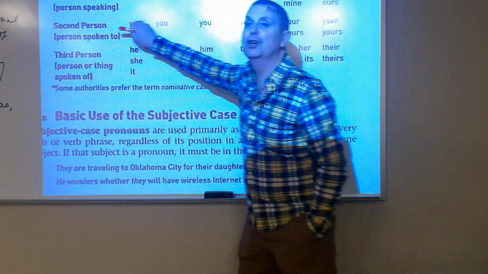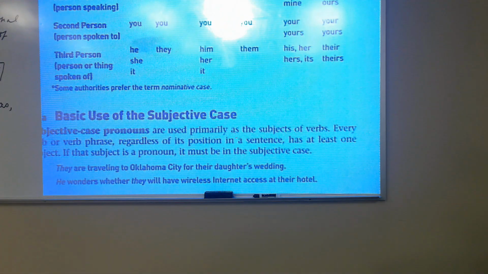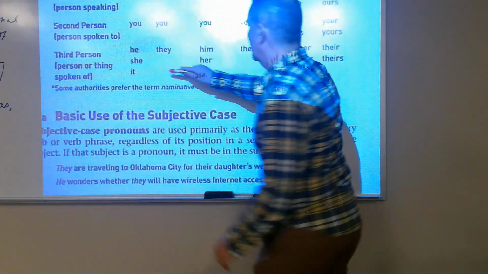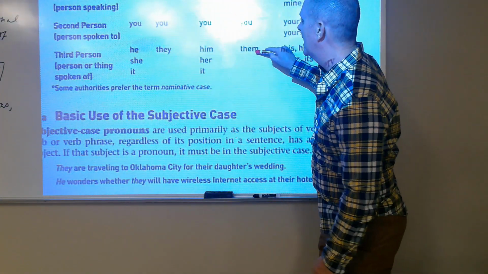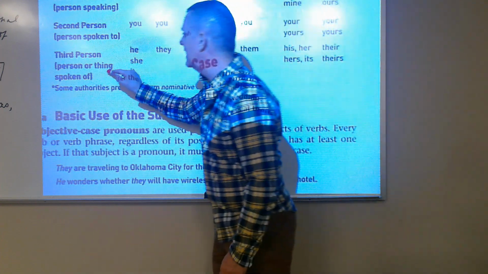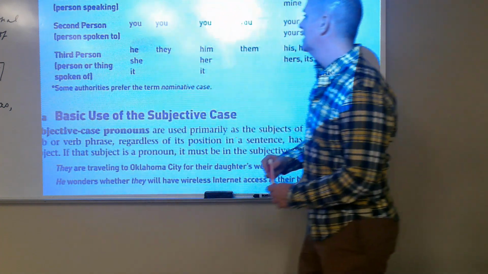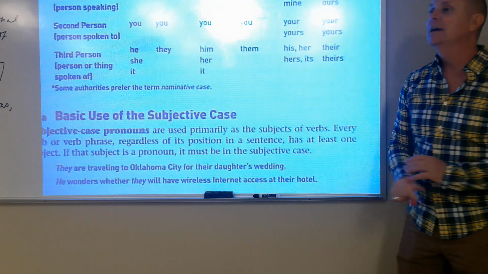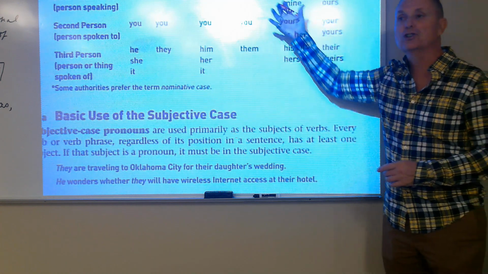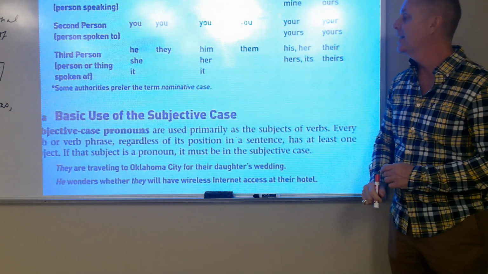Second person is you across the board. And then he, she, it, they, and him, her, it, them are all third person, the person or thing being spoken of. But definitely build a good relationship with your understanding of those particular pronouns.